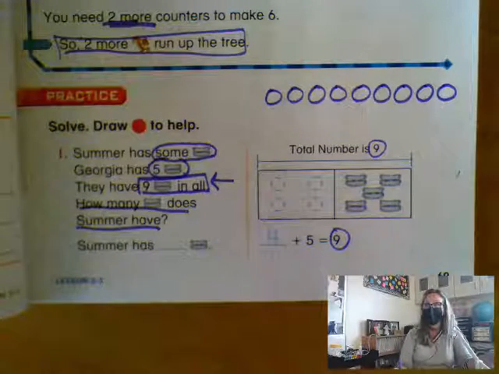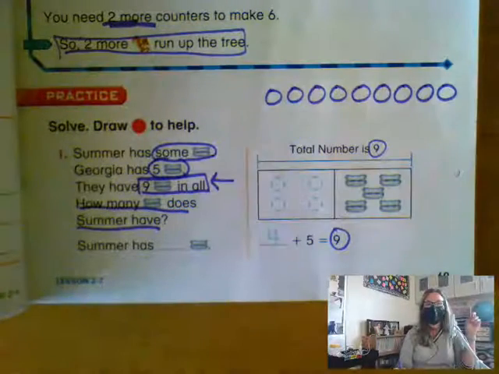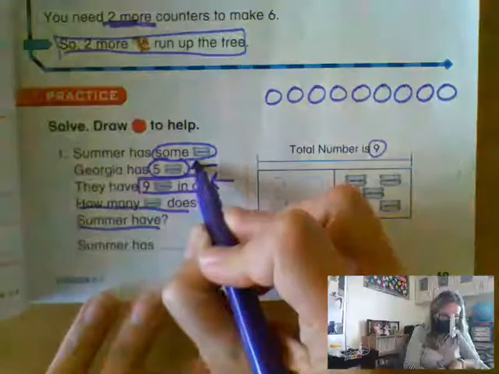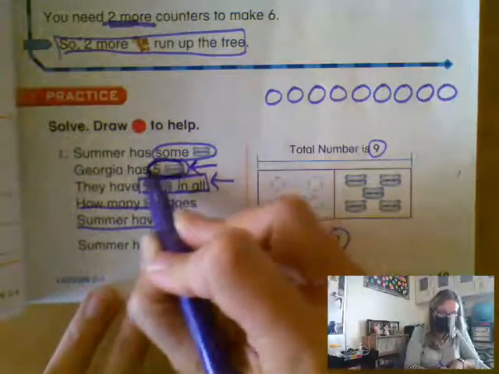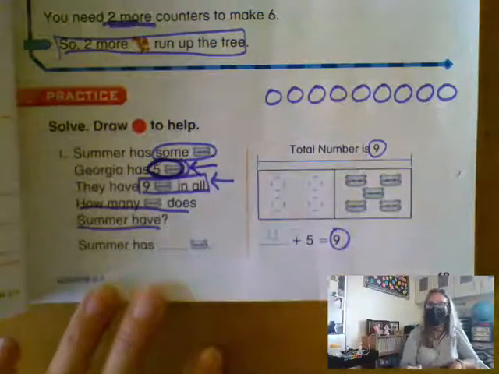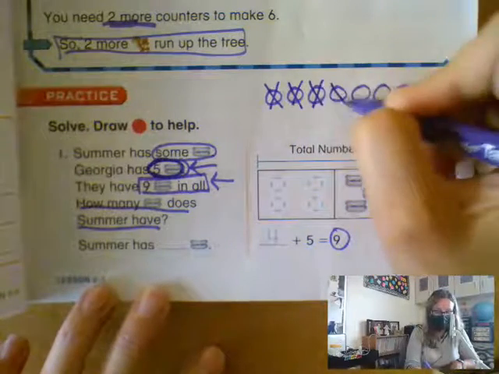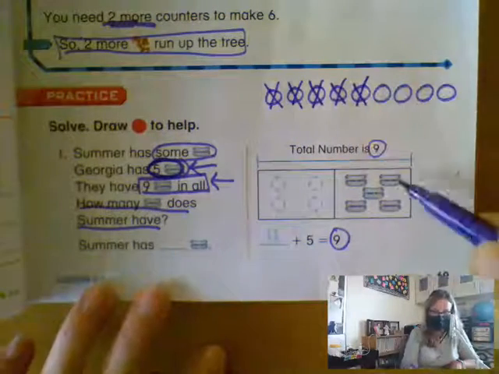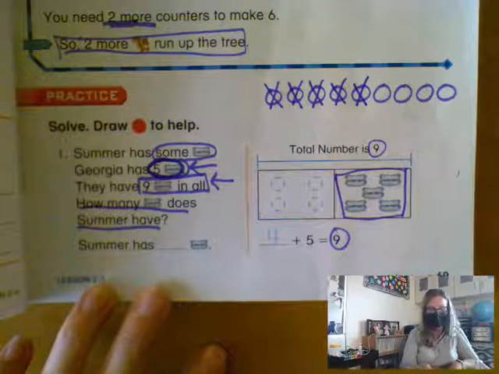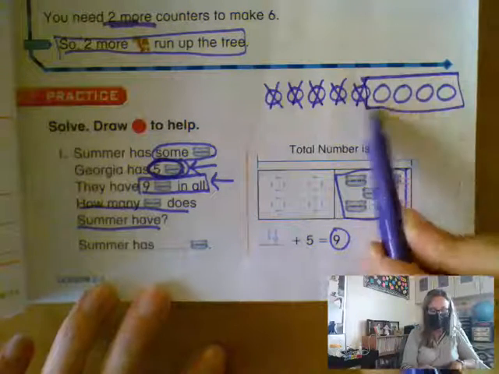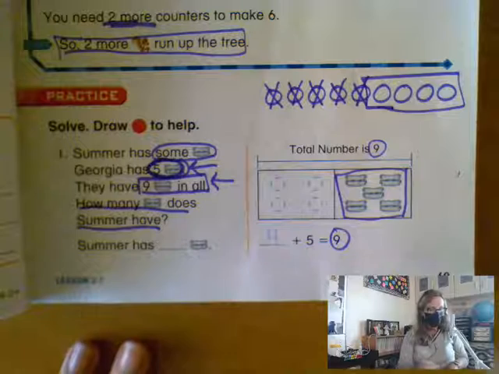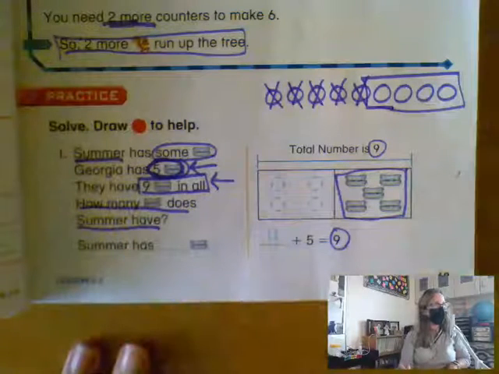Yes? Yes. We know that Georgia has how many tickets, Johnny? 5. Georgia has 1, 2, 3, 4, 5. And that's what they put here. That's Georgia's tickets. So how many tickets must Summer have? Ava June?